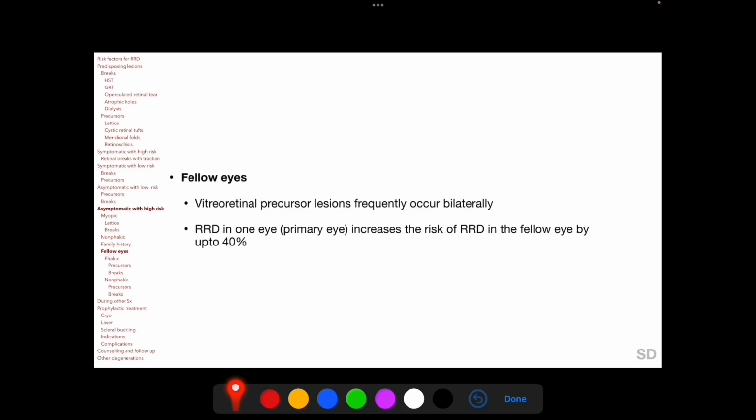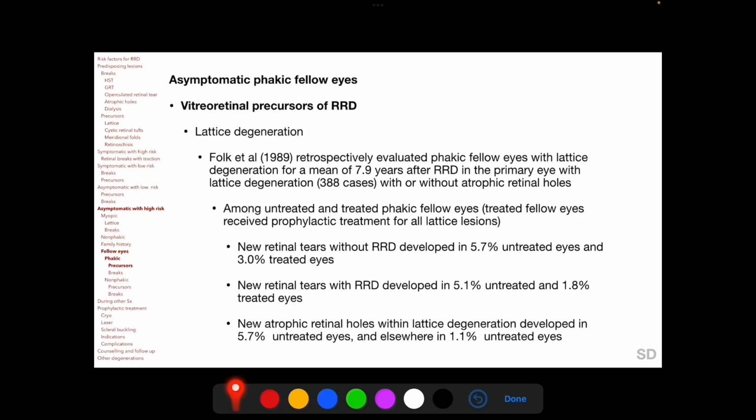As we have mentioned, vitreoretinal precursor lesions such as lattice degeneration frequently occur bilaterally, and RRD occurring in one eye, called the primary eye, increases the risk of RRD in the fellow eye by up to 40%. We'll first discuss phakic fellow eyes and then non-phakic fellow eyes.